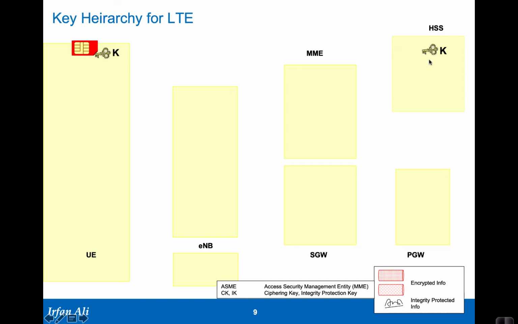So at the top of the key hierarchy is the master key K that is stored in the HSS, and actually it is stored as part of what's called the Authentication Center, AUC, which is the secure part, like a vault sitting in a bank.